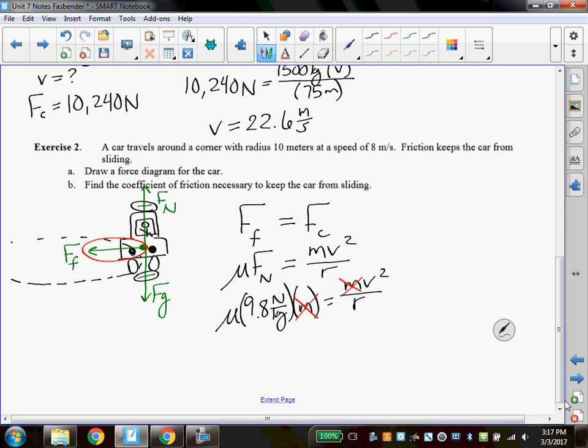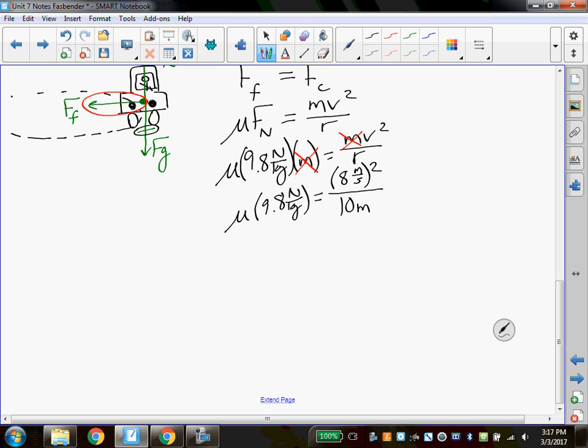So now what we can do is say, all right, mu times 9.8 newtons per kilogram equals, and let's start substituting in these numbers, 8 meters per second squared over a radius of 10 meters. And now the only thing I do not know is that mu, and we can do the algebra to find that mu is equal to 0.65. Well done.